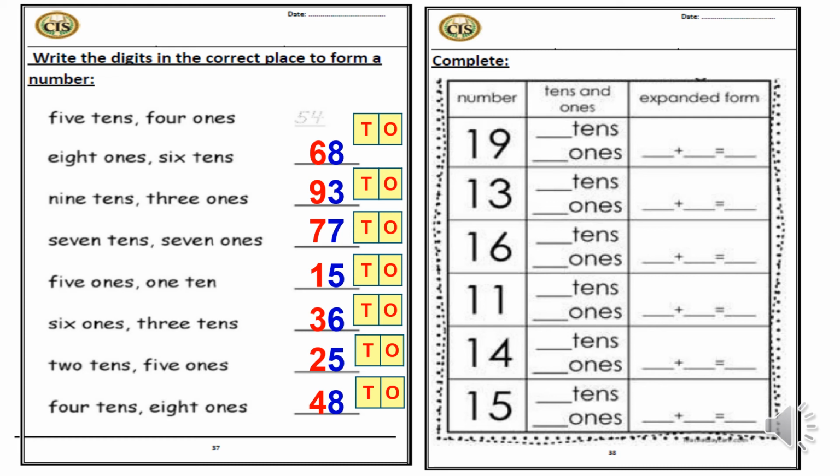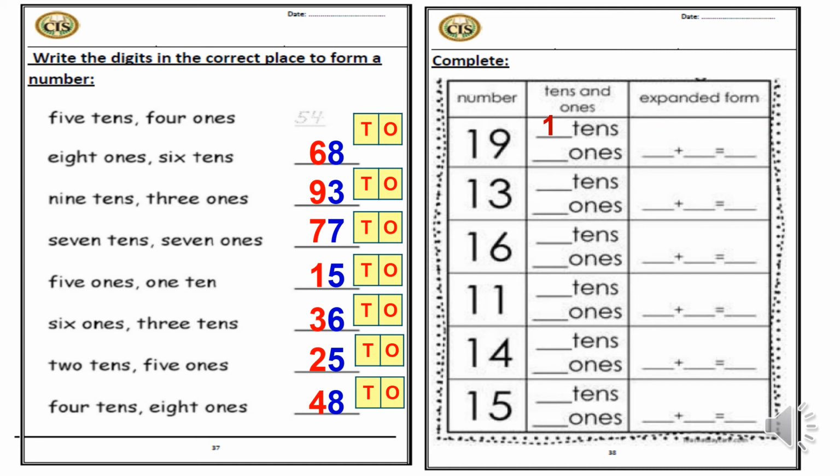We have numbers and we have to get tens and ones and expanded form. Let's see the first one to know what we are going to do. Okay, the first number I have is 19. I want to know what I will put in tens place and what in ones place. In tens place, which is it, 9 or 1? 1.